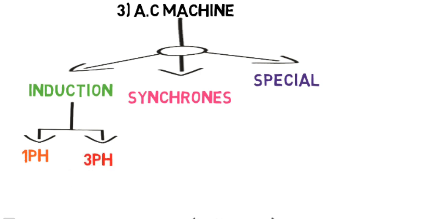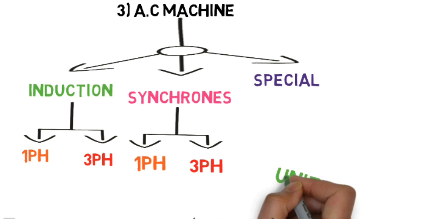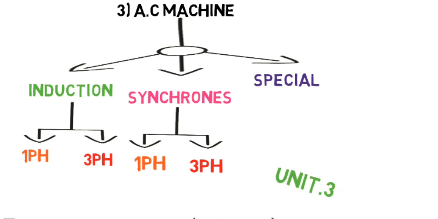Now, the synchronous machine is also classified as a single phase synchronous machine and a three phase synchronous machine. This AC machine is our unit 3. After completing unit first and unit 2, we will see this unit.